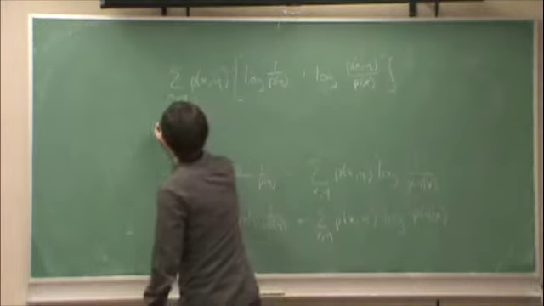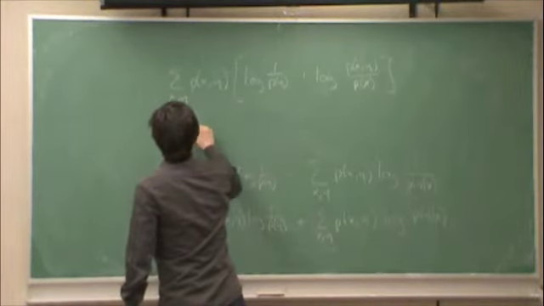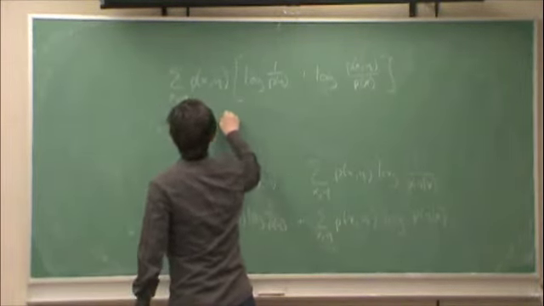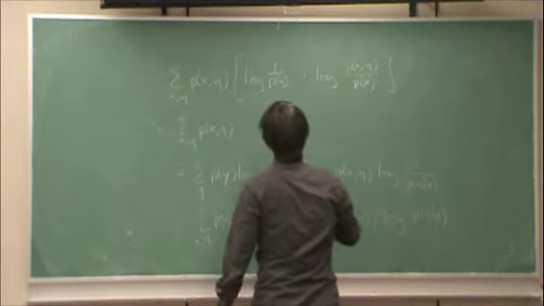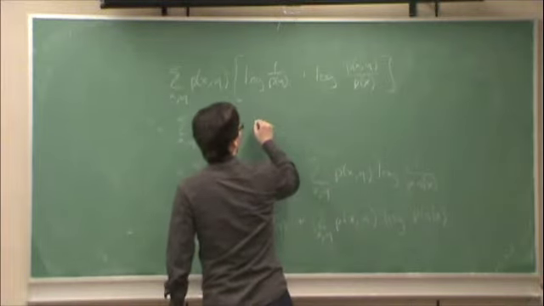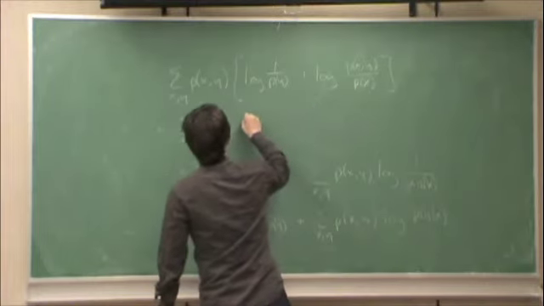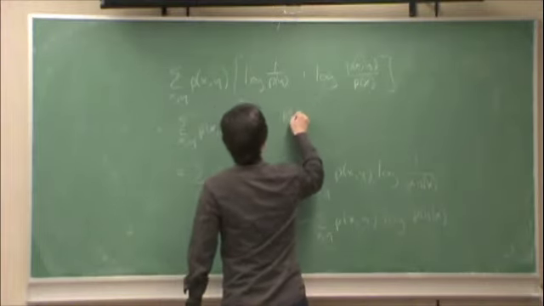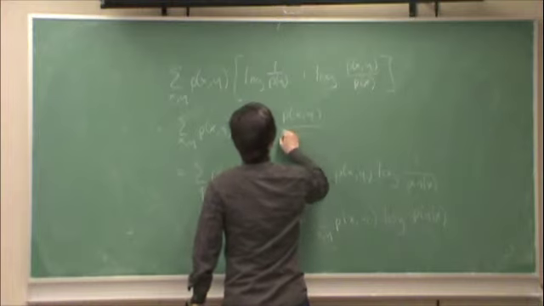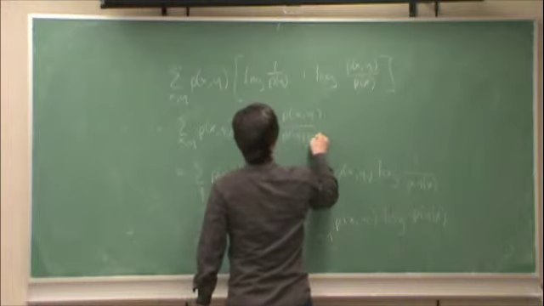Okay, next step, sum over x y, p of x y. Adding together these logs is equivalent to multiplying, so what I end up with is log p of x y divided by p of y p of x.